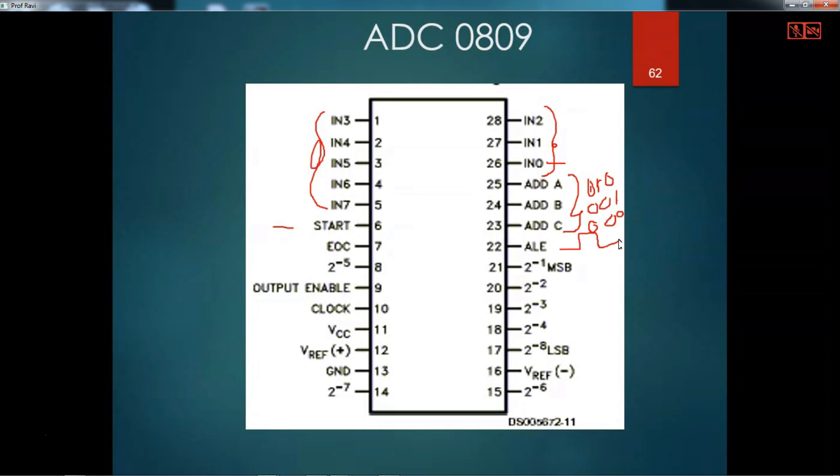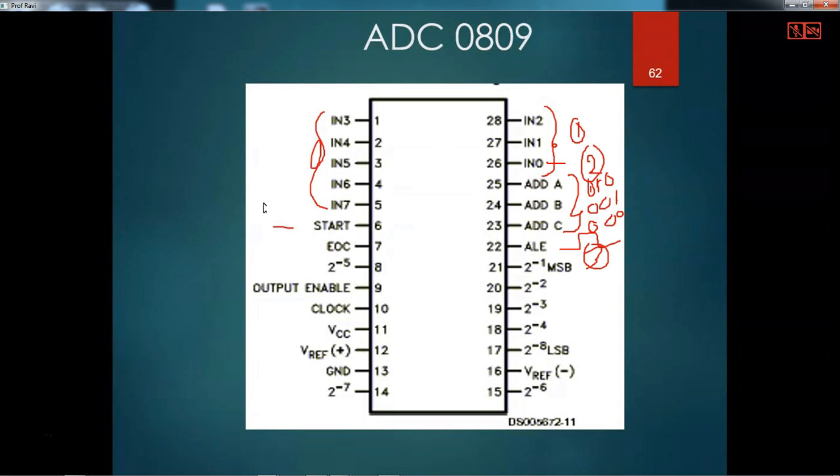Once you give the ALE pulse, the data available on ABC gets into the multiplexer, so that particular channel is selected and connected to the input of the analog to digital converter.